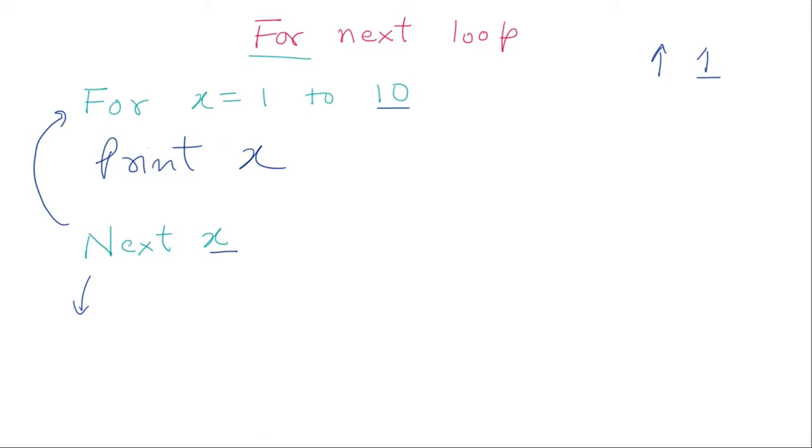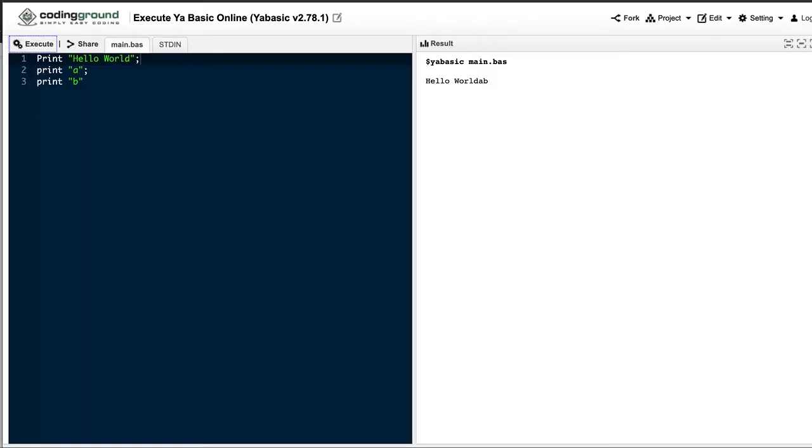Okay. So we'll go back to this and we'll just write that. You don't have to write it because this is all very cheap stuff and you don't have to bother. If you want, you can just have a go at it. x is equal to 1 to 10, print x, and next you may write x, you may not write x, I'll just write x, okay?